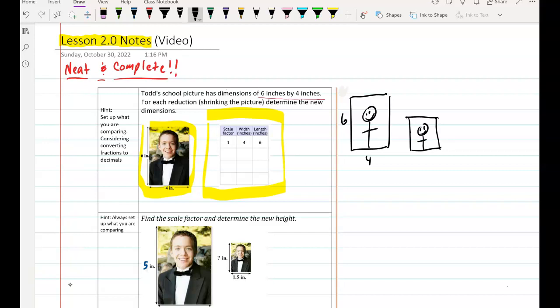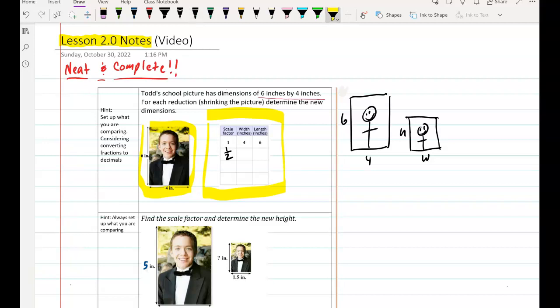So 6 is the height, 4 is the width, and we're looking for the new height and the new width. The first thing we're going to do is change Todd's picture by a scale factor of 1/2.